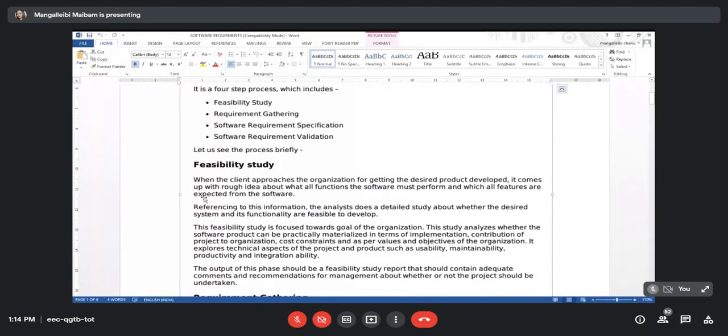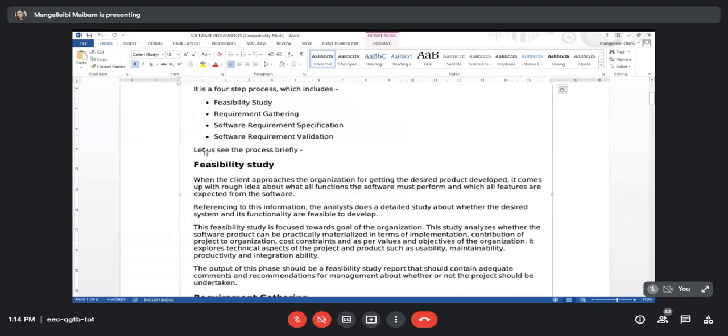Before we initially start gathering the information, we need to understand first what the goal of the organization is, what we are going to do, which type of software we are going to develop, what we require in terms of implementation, and what the cost of this development process will be. All these things we need to study before we start gathering the information. That is feasibility study.